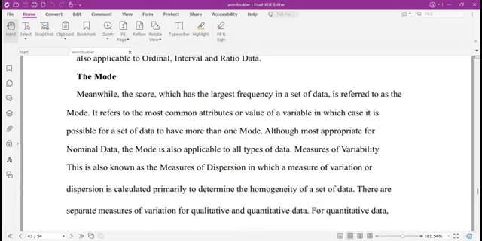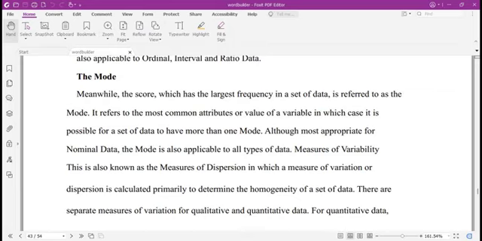If you have three, trimodal, and so on. Although most appropriate for nominal data, the mode is also applicable to every other type of data.